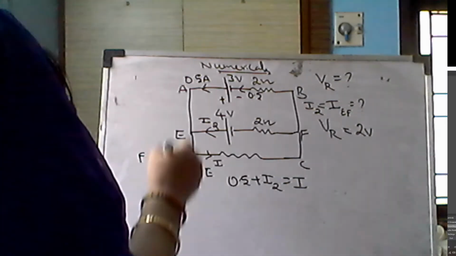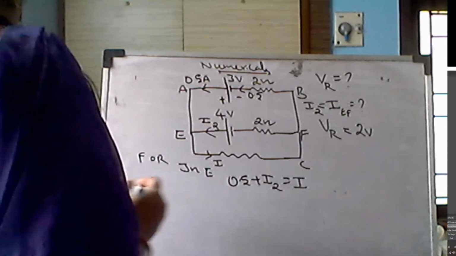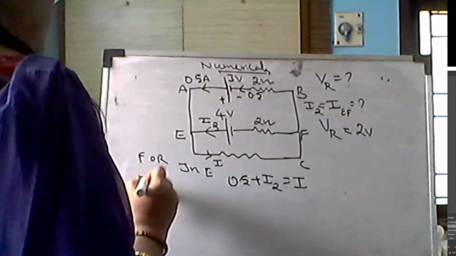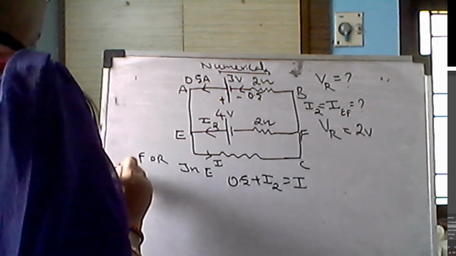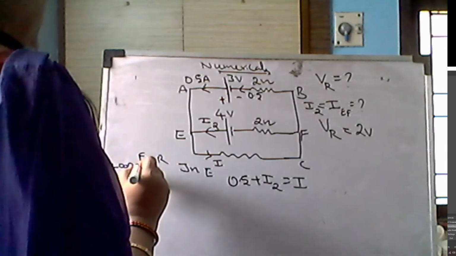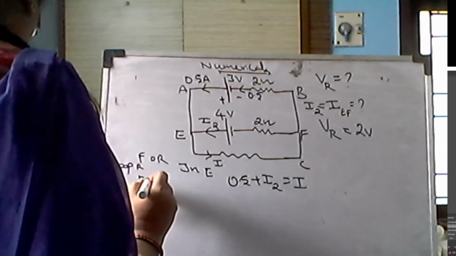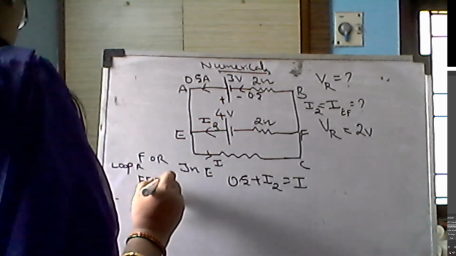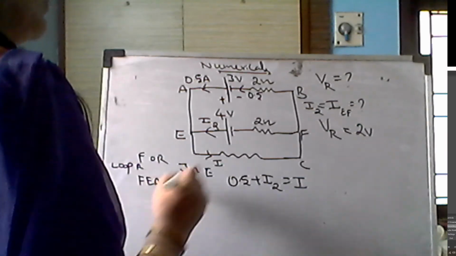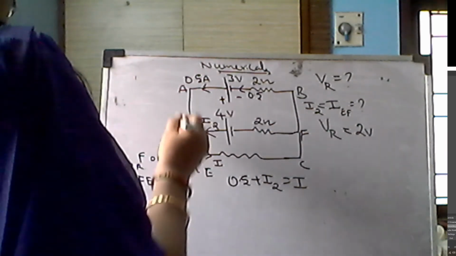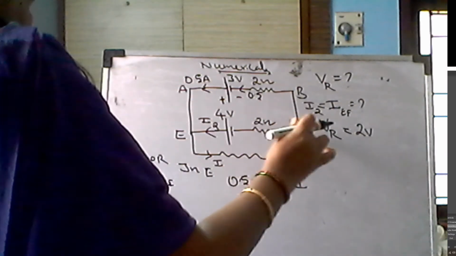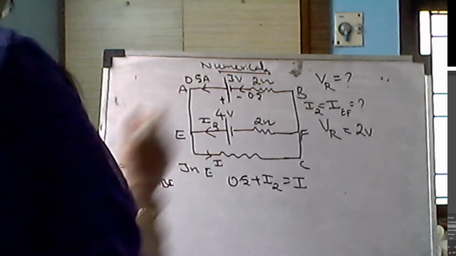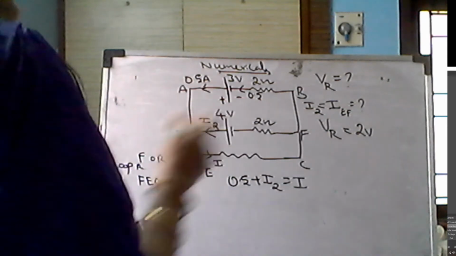Now again, Kirchhoff's second rule: the first was the junction rule, and now you have to apply the loop rule for the mesh F, E, A, B, F. From where I start, there I end.